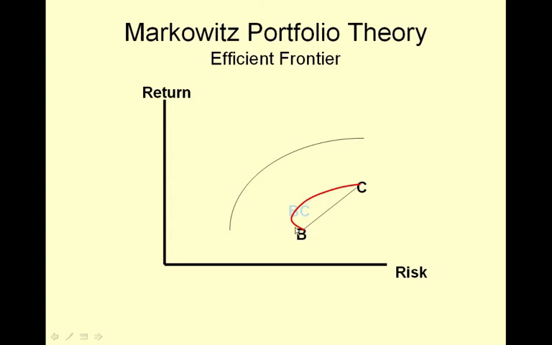That is, by combining B and C in various ways, we can move along this red line of potential risk and return results rather than choosing between these two endpoints.